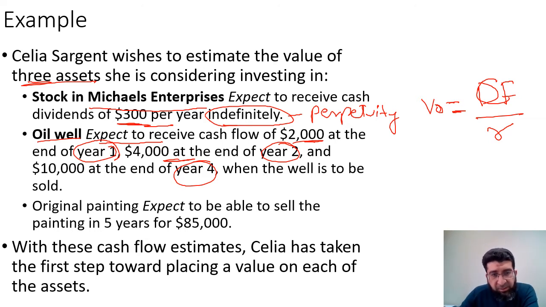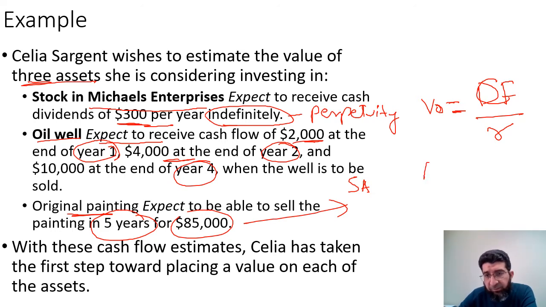The third option is the original painting. The firm expects to be able to sell the painting in 5 years for $85,000. If you look at it, this is a single amount question. Single amount questions mean that you have to bring back the 85,000.